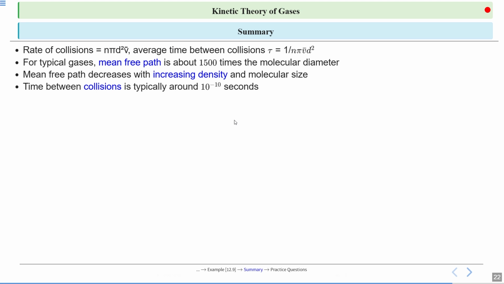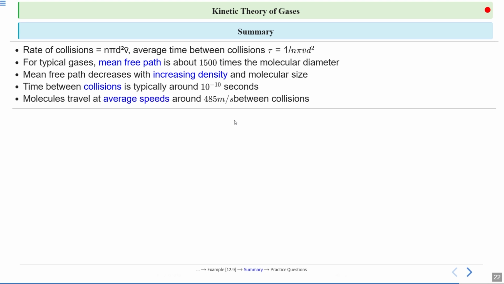The time between collisions is typically around 10 raised to minus 10 seconds. This is an incredibly short time frame and highlights how rapidly molecules in a gas are moving and interacting with each other. Molecules travel between collisions at around 485 meters per second. This speed is quite significant and illustrates the high energy and rapid movement of molecules in a gas.